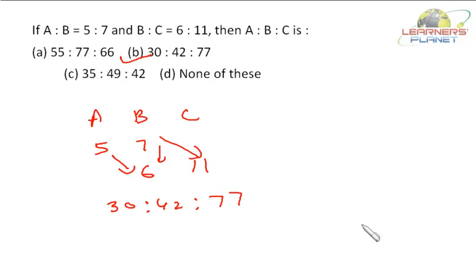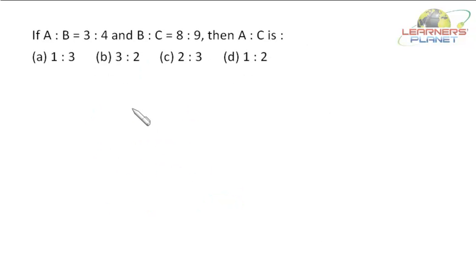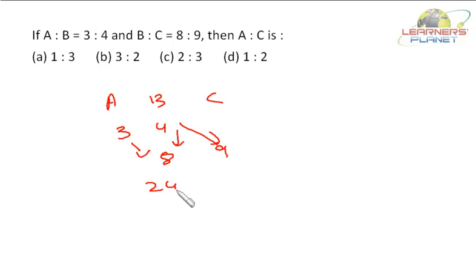Okay friends. Now similarly in this case we have to find out the ratio of A and C. So let's write A, B, C. It's 3, 4. It's 8 is to 9. Okay. So 3 into 8, 24 is to 32 is to 4 into 9, 36. Okay.